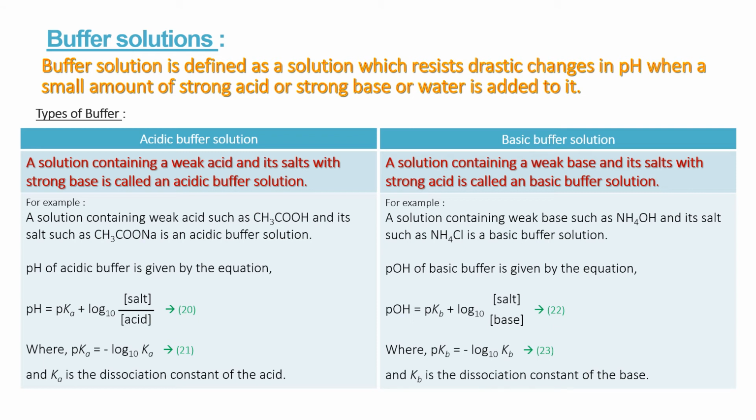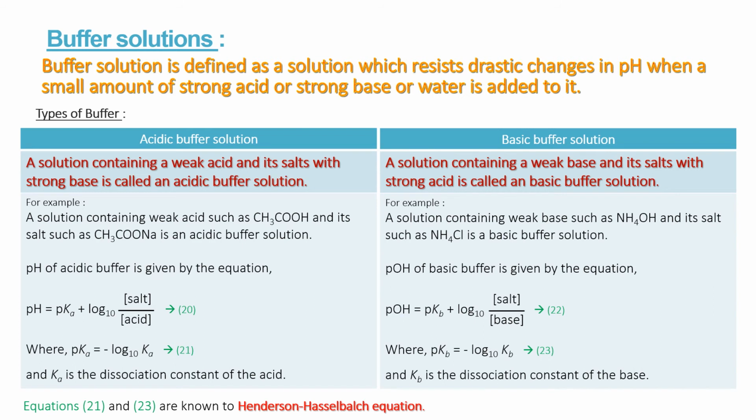So pOH is equal to pKb plus log to the base 10 of salt upon base. In this case, in place of acid we write base. As we know, pKb is negative log to the base 10 Kb, where Kb is the dissociation constant of the base.